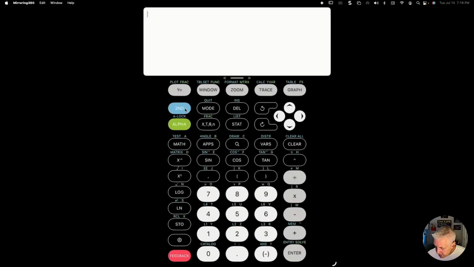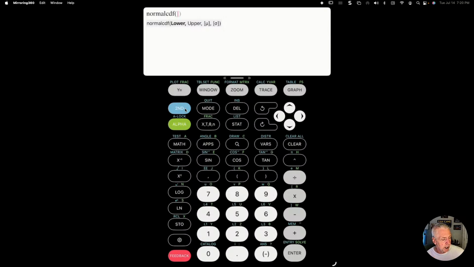Second, vars, scroll down to normal CDF, enter. And again, there's different syntax for this. I stay simple in class because I want you to derive the z-score and then just use the z-scores.